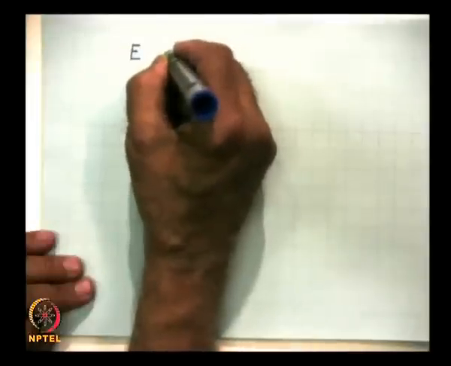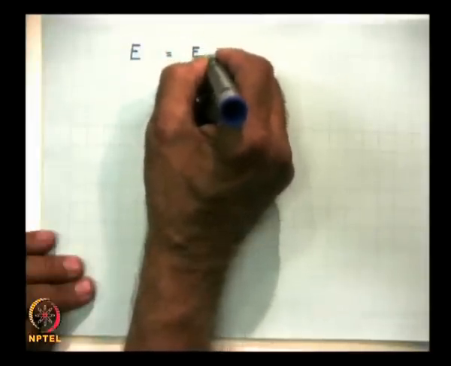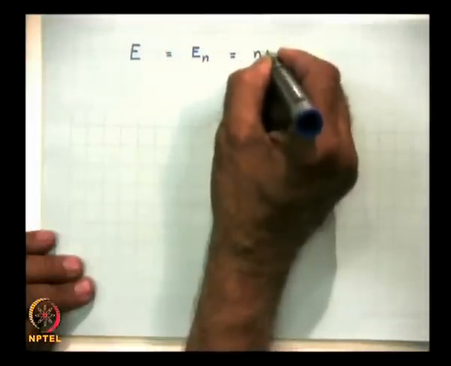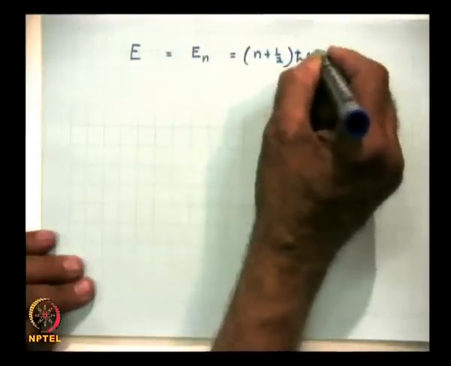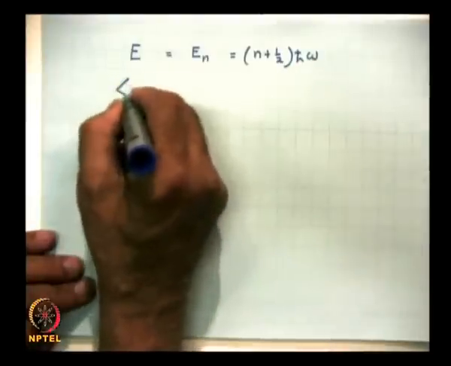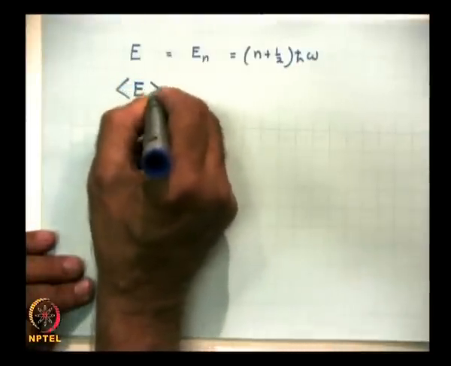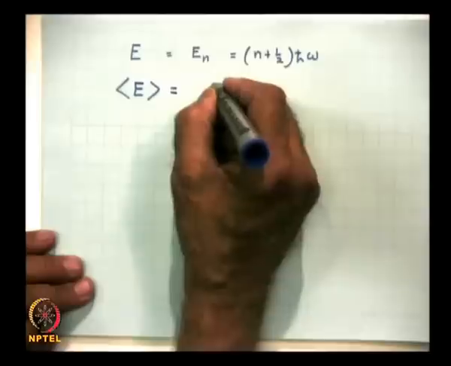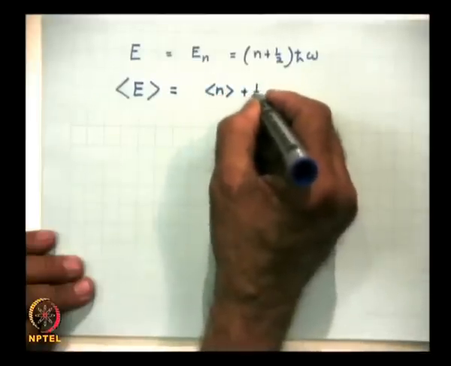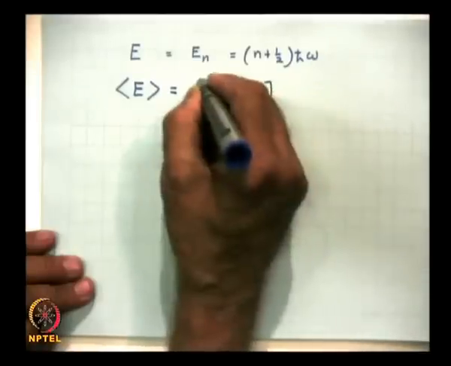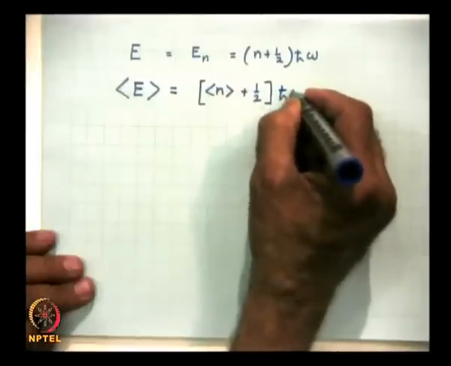As we know, the possible energy levels are E n equal to n plus half h cross omega. So, the expectation value of E will be the expectation value of (n plus half) multiplied by h cross omega.